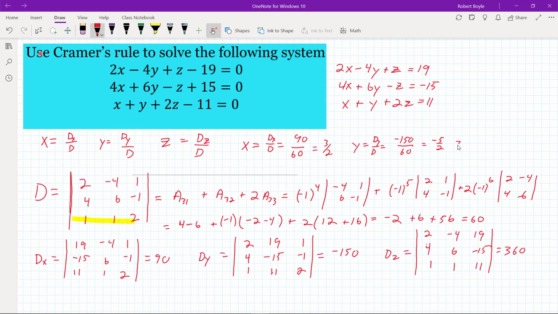And then finally, z is going to be equal to dz divided by d. That is going to be 360 divided by 60, which of course is 6. So our solution is going to be 3/2, -5/2, and then 6.